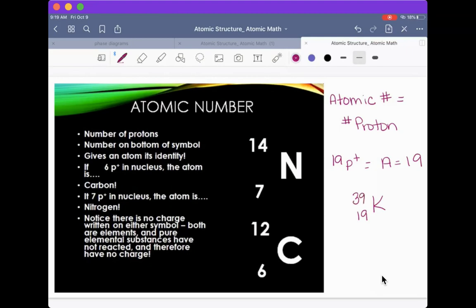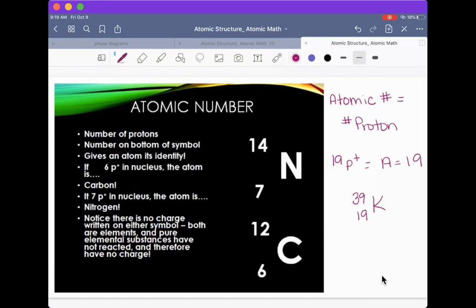All right. Notice that there was no charge associated with my element coming straight off the periodic table. When you are looking at elements from the periodic table, you are to assume that they are neutral, meaning that there is 0 charge on that atom.